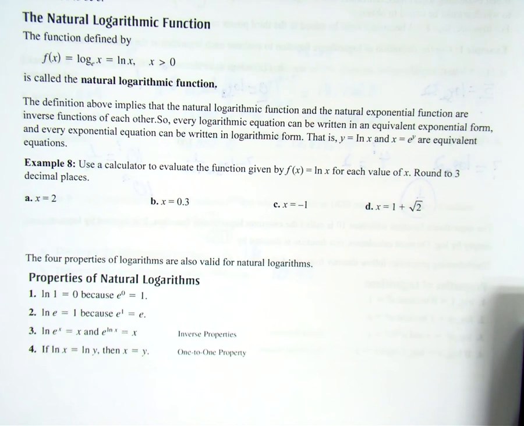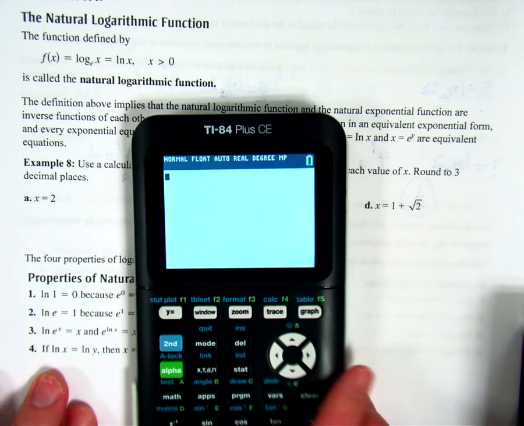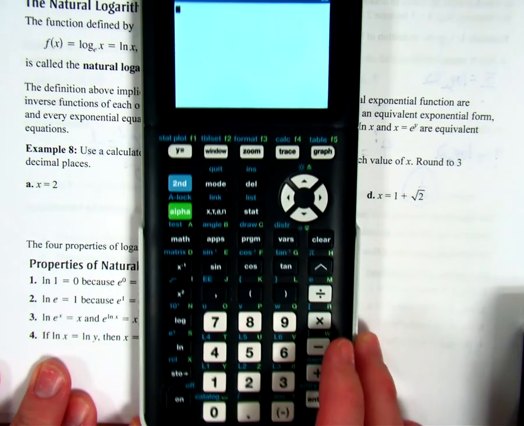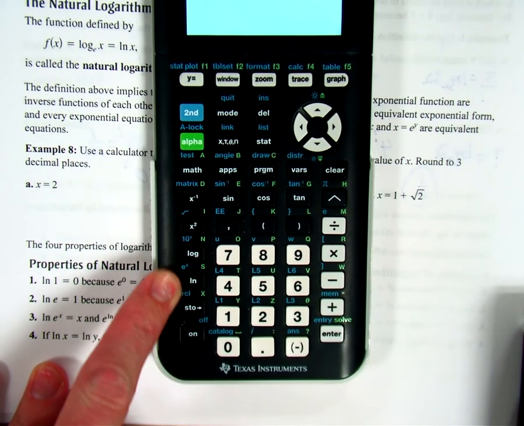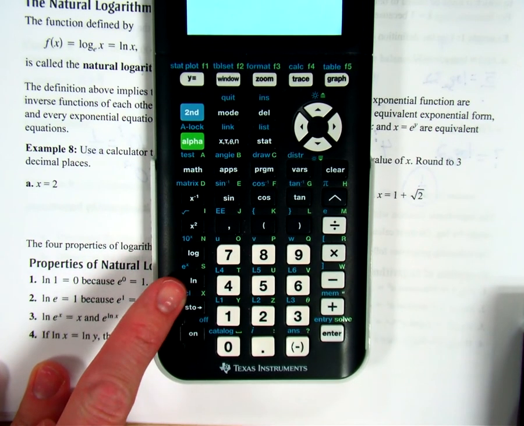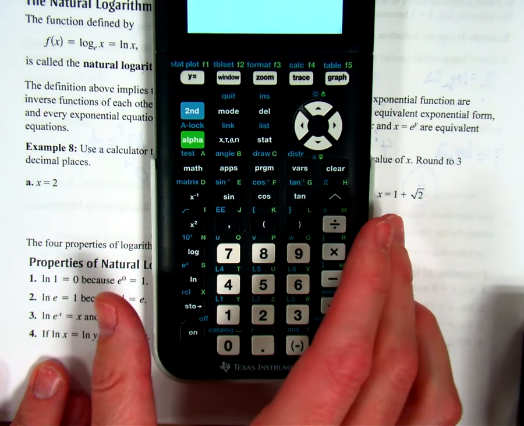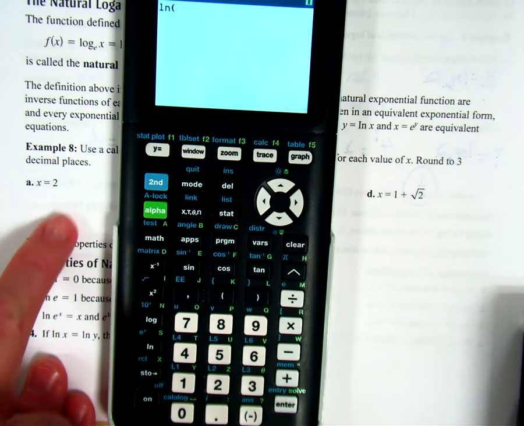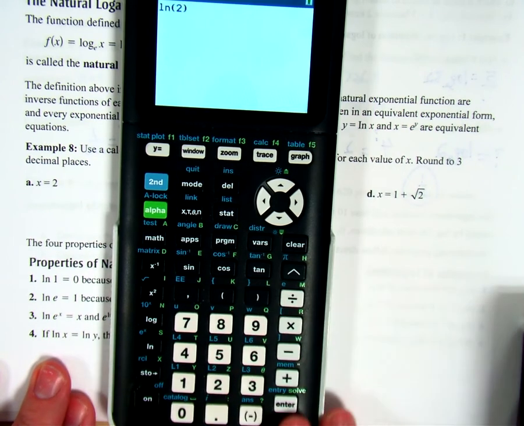Use a calculator. So we'll just do a couple of these real quick, just to make sure we know where it's at. Natural log has its own button. Partner with the E button conveniently. So natural log of 2, close it.